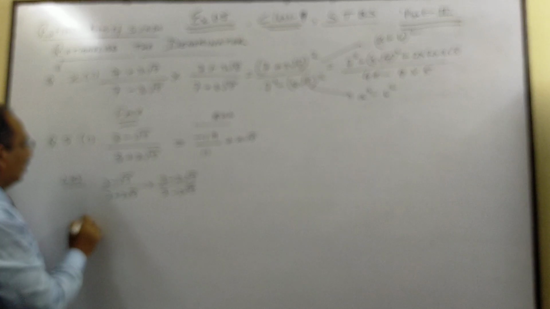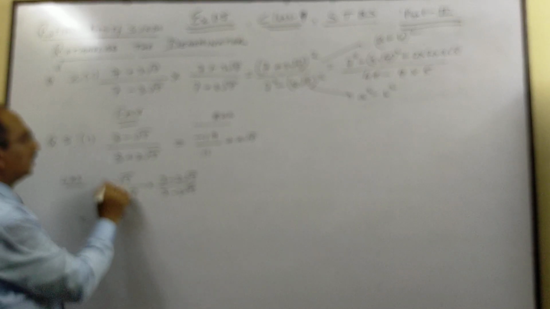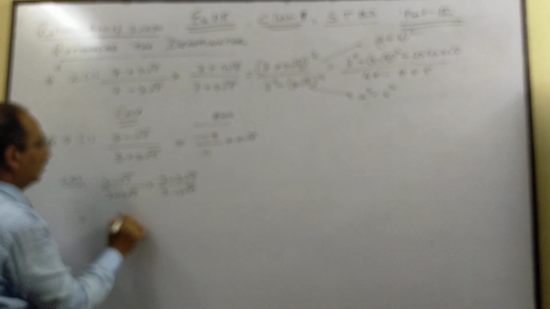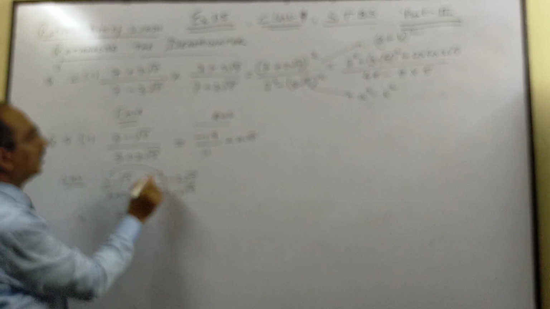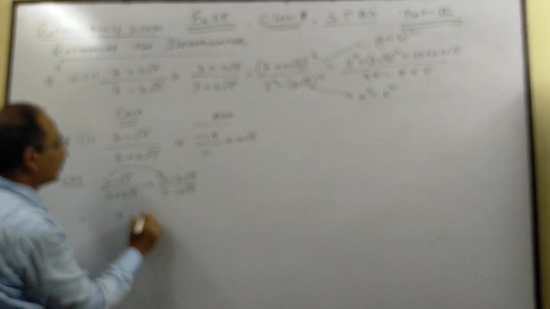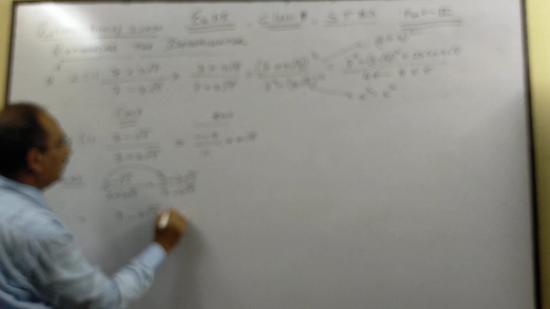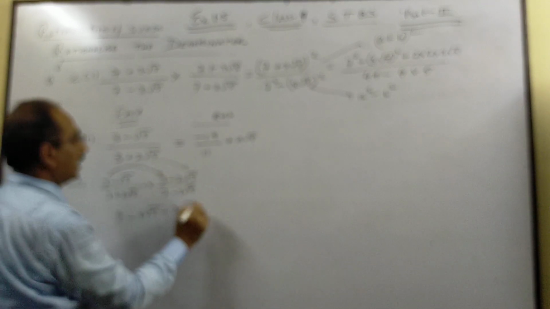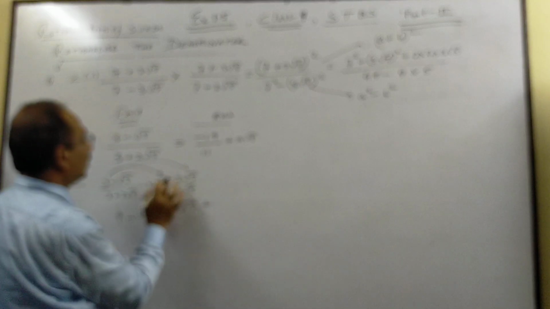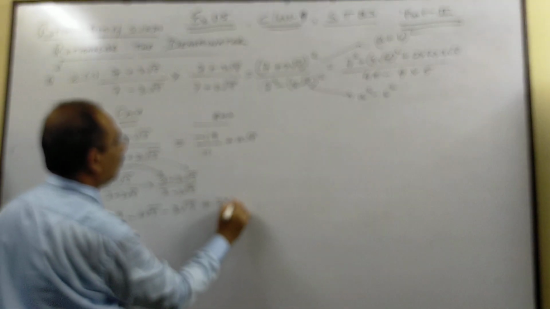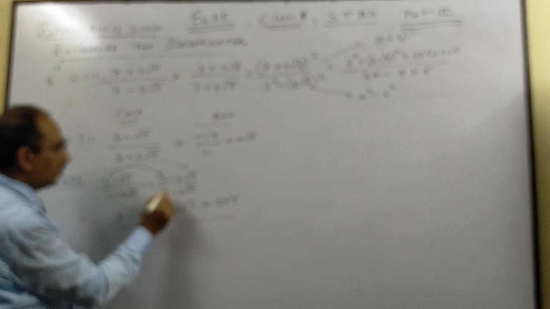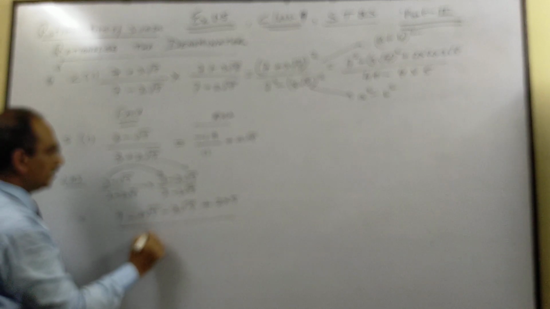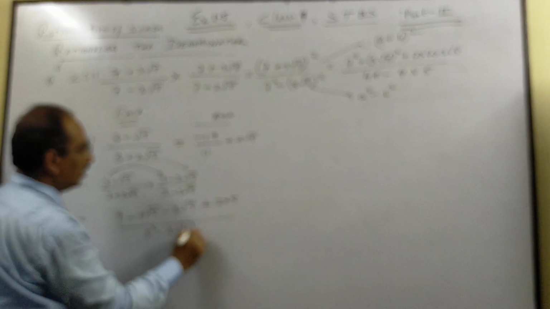So when we solve, 3 3s are 9, first with first, then 3 2s are 6 root 5, then minus 3 root 5, second with first, then second with second, it gives you minus minus plus 2 into 5, by A square, A plus B A minus B, A square minus B square.